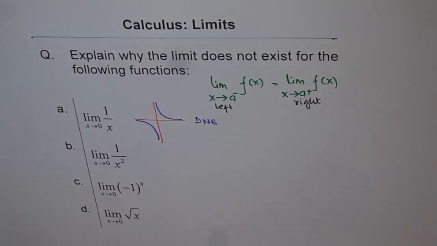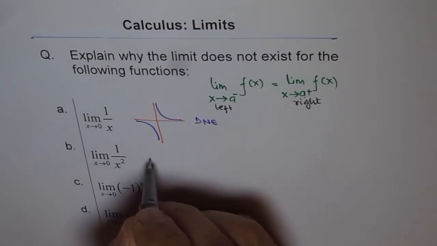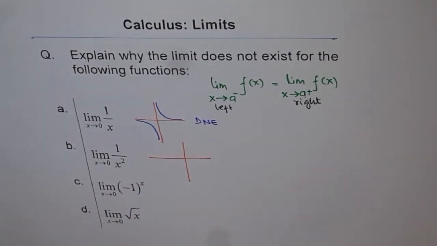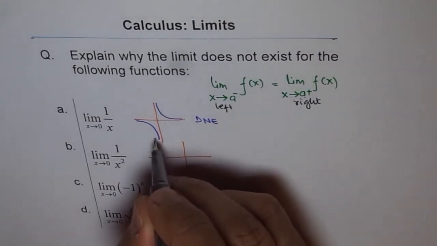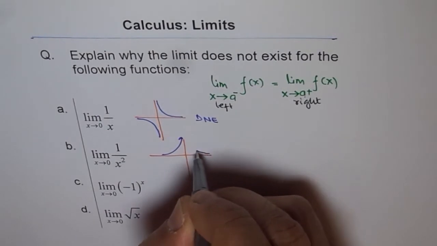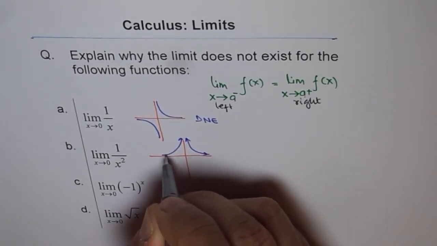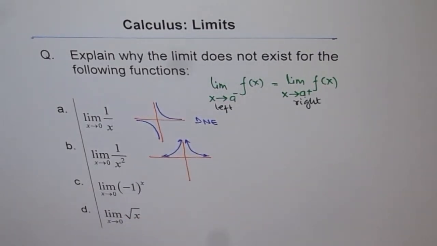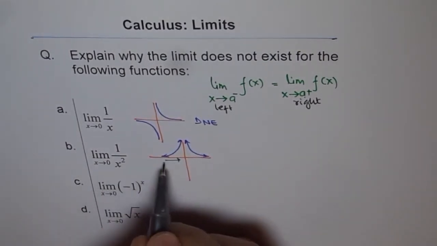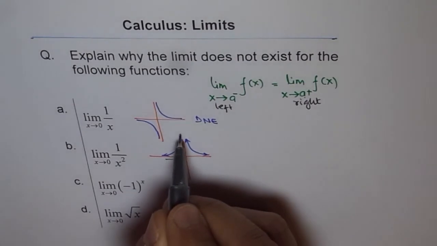How about part B, which is the limit of 1 over x square when x approaches 0. Let's try to sketch this also. Now here, x square is always positive, right? So this becomes positive. It's steeper if you compare it with the 1 over x graph, right? So it's kind of like this. Now, if you approach 0 from the left side, you are approaching positive infinity.